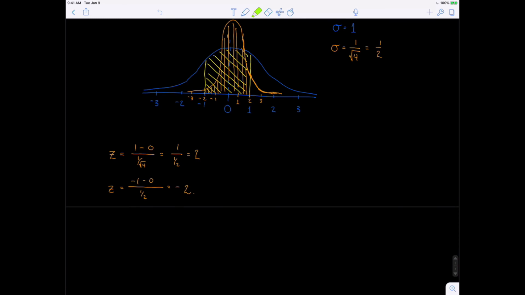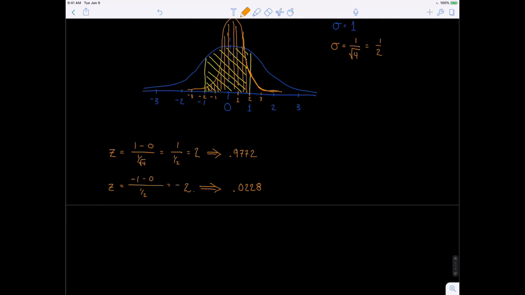The area for this one was 0.0228, and for the +2 it was 0.9772. So the total area in the orange is the difference of those.